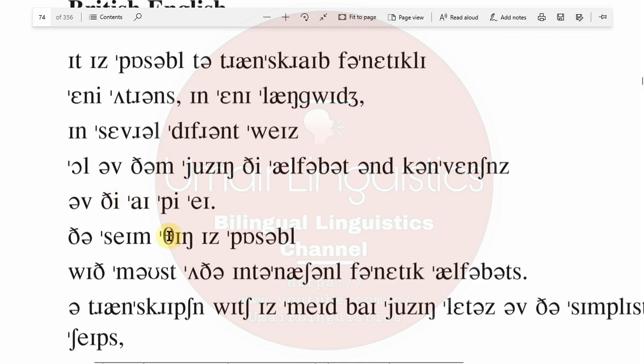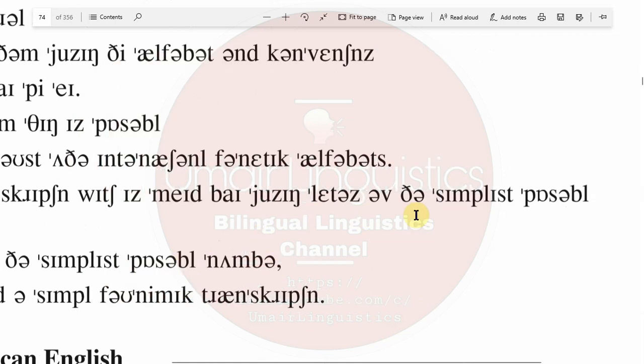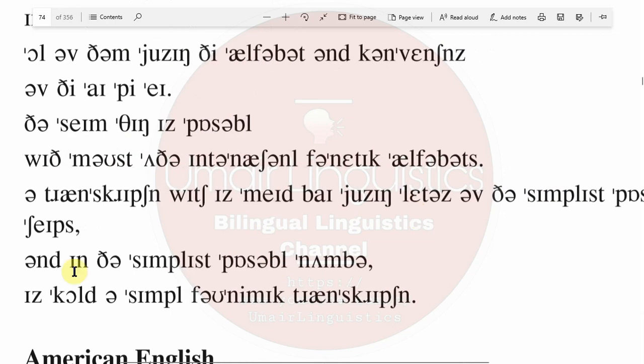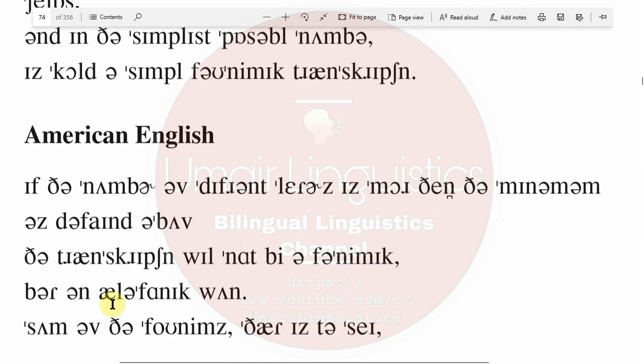The same thing is possible with most other international phonetic alphabets. A transcription which is made by using letters of the simplest possible shapes and in the simplest possible number is called a simple phonemic transcription. Then in this we have some allophones as well.